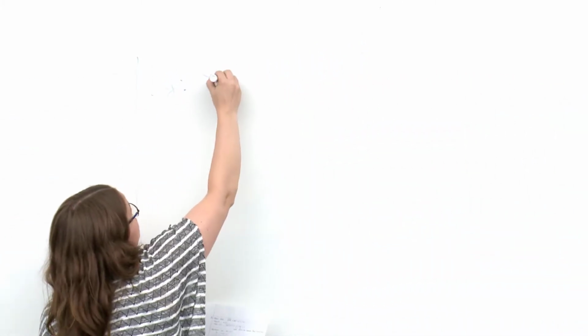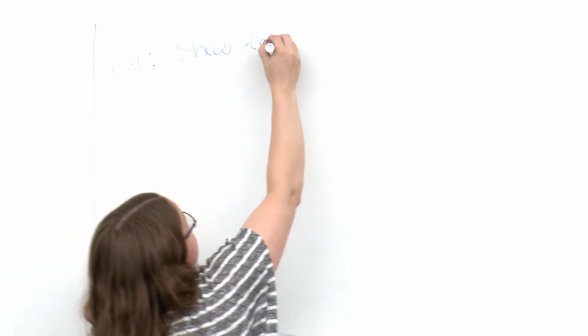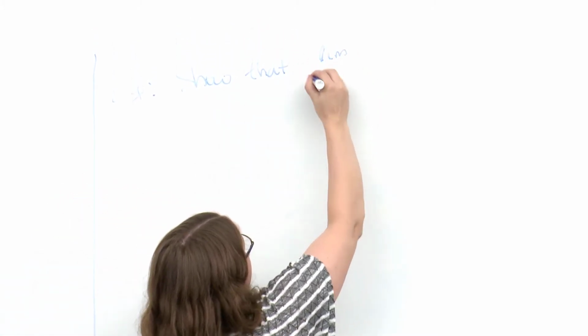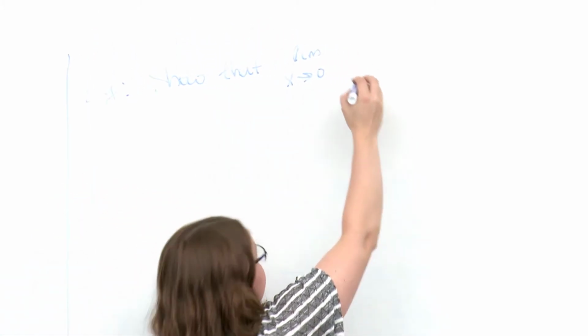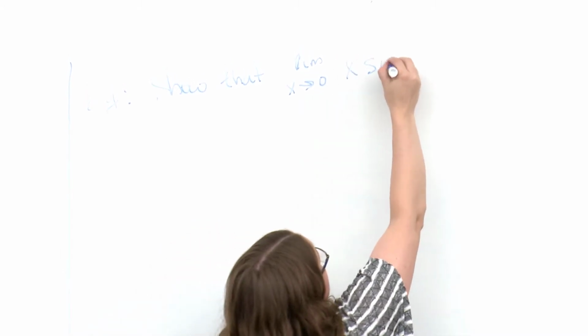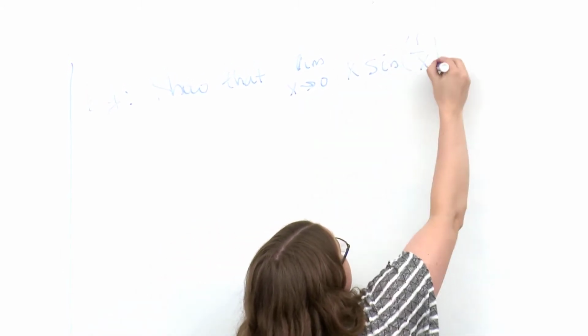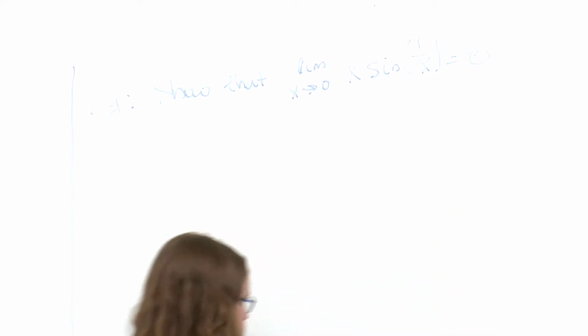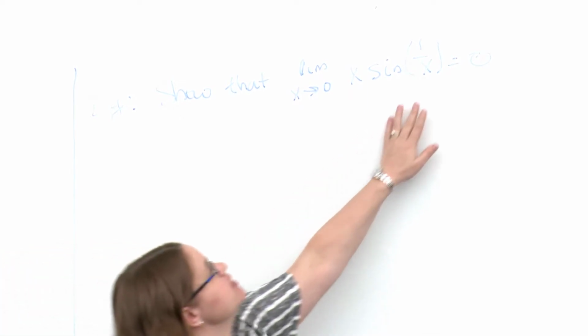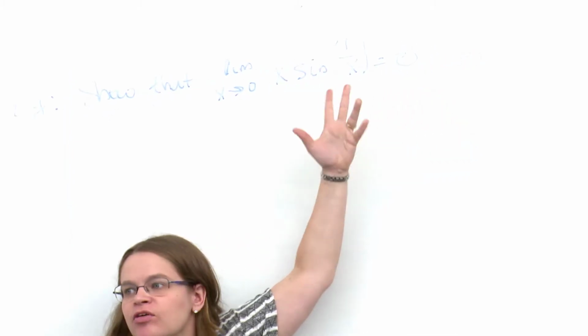So let's try to show that the limit as x goes to 0 of x times sine 1 over x is equal to 0. Okay, this function is not defined at x equals 0, right? Because if I plug x equals 0 into here, I get something that makes no sense.